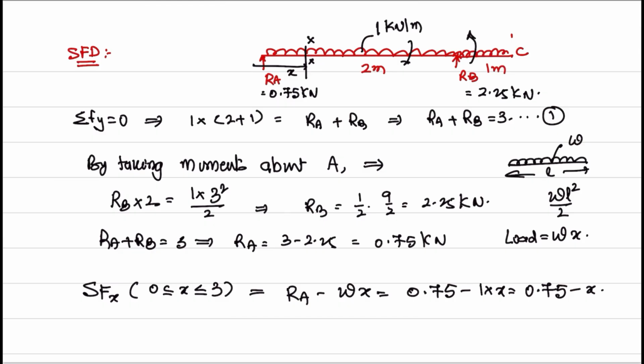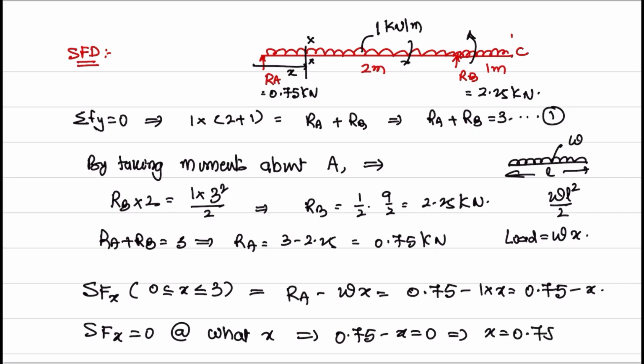If you see, at a particular point, the shear force is becoming 0. Because we have to find out, at important points, what the value of the shear force is and what the shape is. Shear force X is equal to 0 at what X? That implies 0.75 minus X is equal to 0, so X is equal to 0.75 meters.